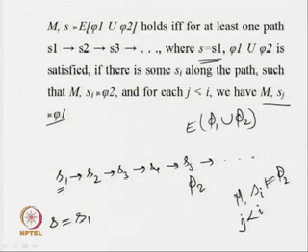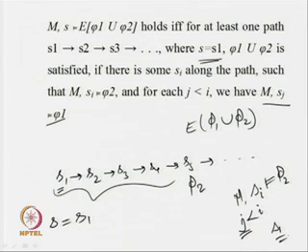So phi 1 must be true in all those states. Now, what is this j? j ranges over all preceding states on this path. We are not excluding S1 here. We are not saying that phi 1 is true in all j apart from S1.